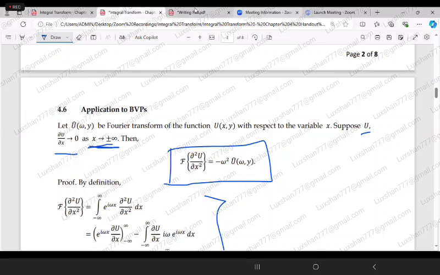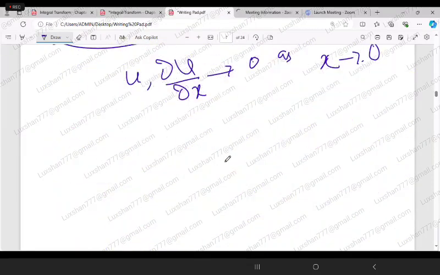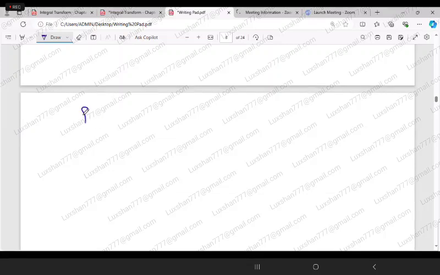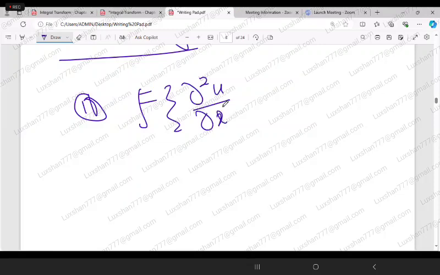Okay, so let me write it again. Quickly, the summary. The first one: Fourier transform of ∂²u/∂x² is equal to minus omega squared u bar.